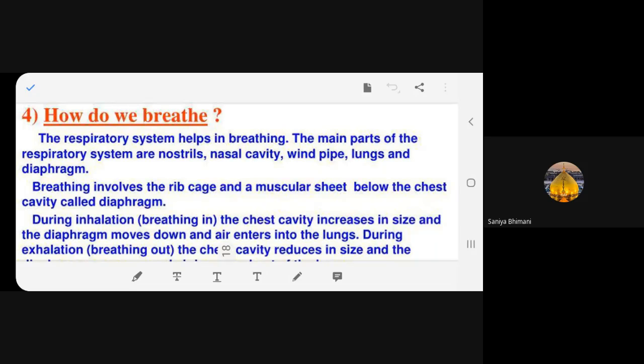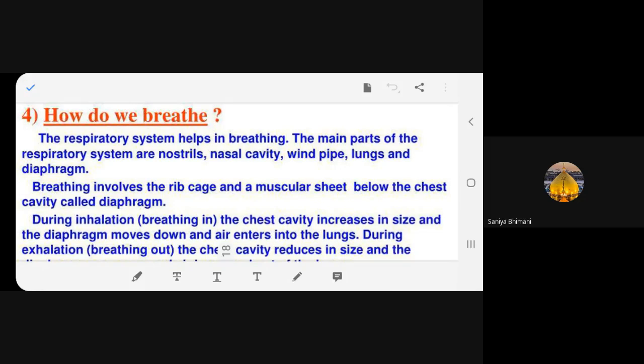How do we breathe? The respiratory system helps in breathing. The main parts of the respiratory system are nostrils, nasal cavity, windpipe, lungs, and diaphragm.